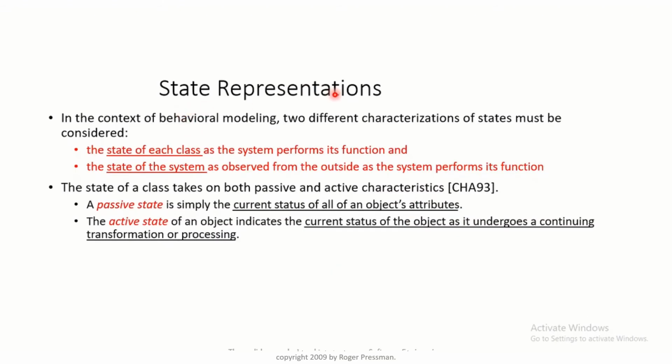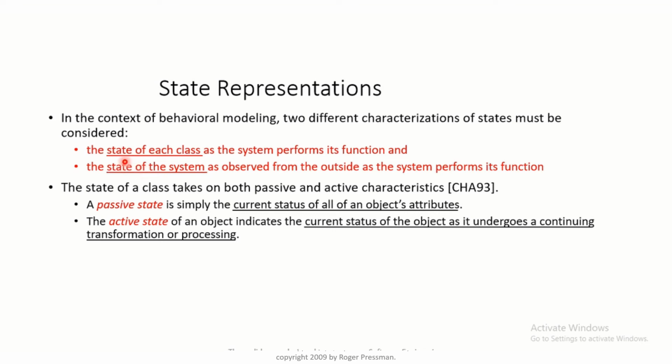State representations. In this topic we will learn about the state transition diagram, or you can say the state chart diagram, in detail. To realize this, we need to see that there are two different characterizations of states that a system must consider. First is the internal state of the system, and the second is the external state of the system.